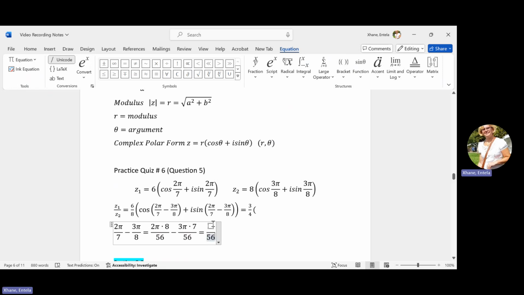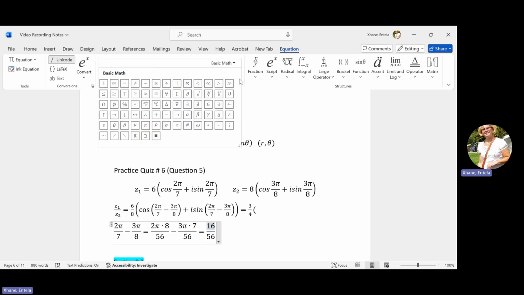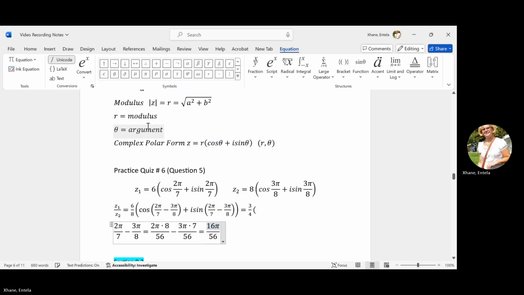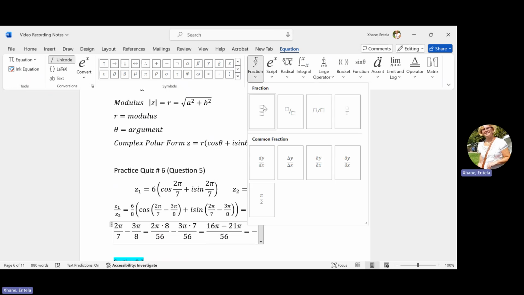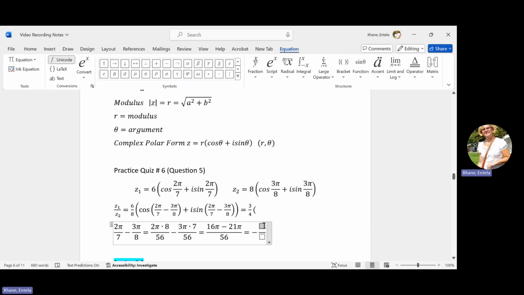Denominator 56, and I'm going to write down the top. So that's 16 pi minus 21 pi. And that's going to be, in fraction form, negative 5 pi over 56.